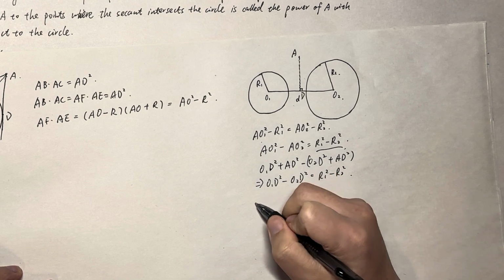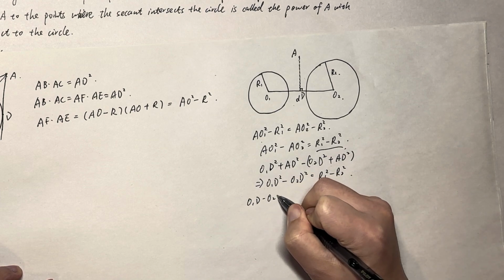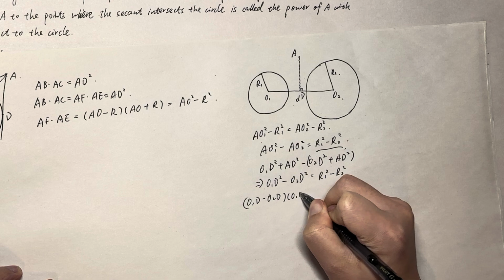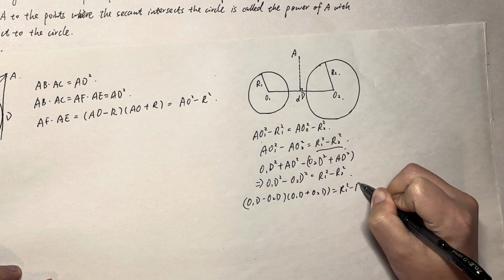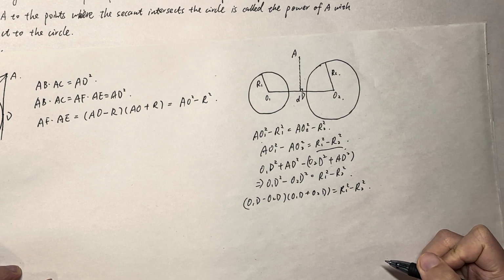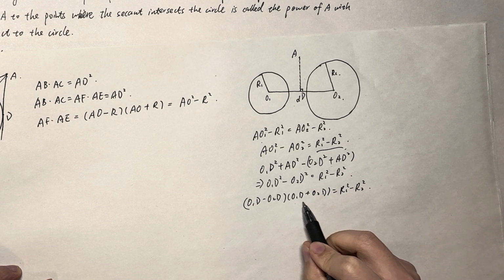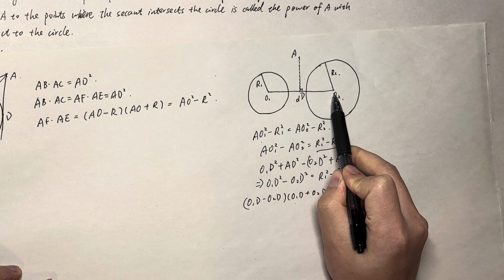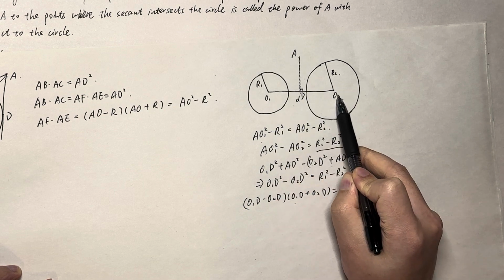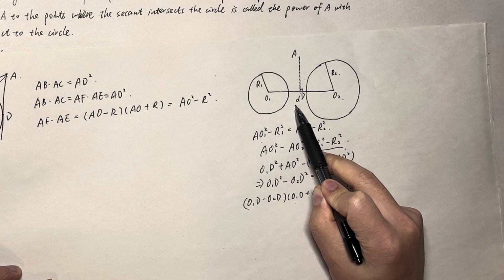And we factor this: O1D minus O2D times O1D plus O2D equals R1 squared minus R2 squared, right? And we know that O1D plus O2D is O1O2, which we can represent with the little d.